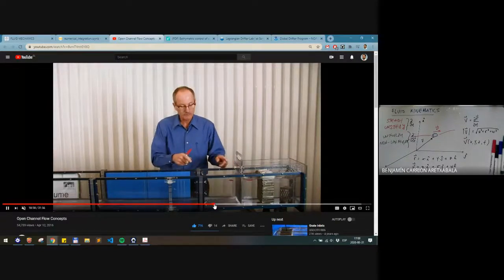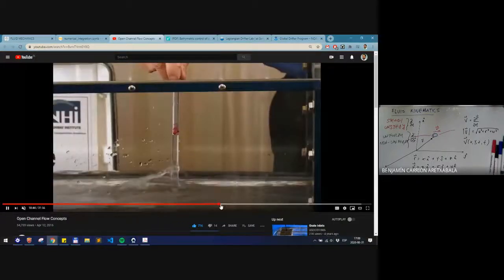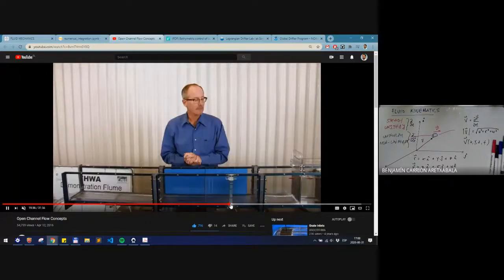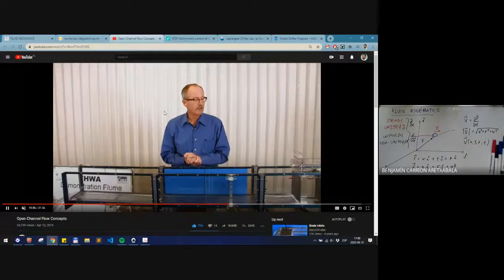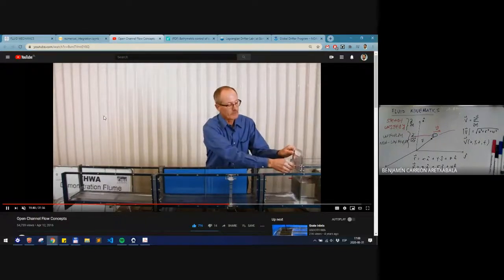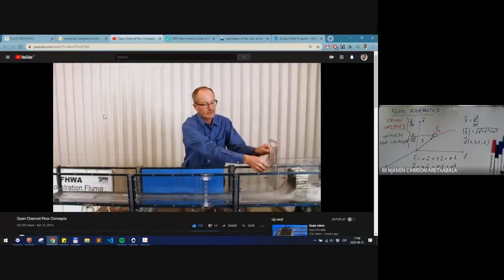And once he opens it, the flow stops being steady, and actually a flood wave comes down the canal, right? So here he should open it now, and you see the flow changes over time and in space.